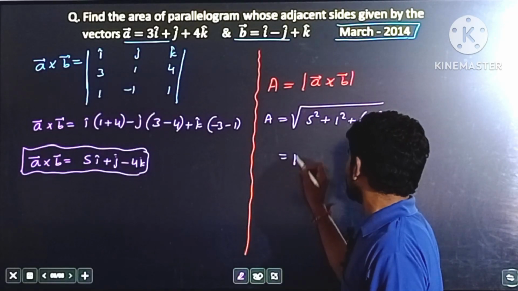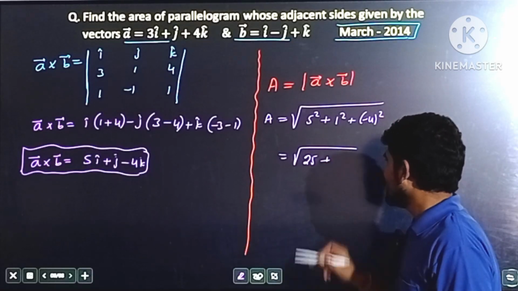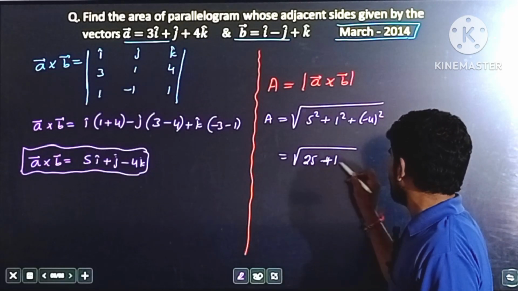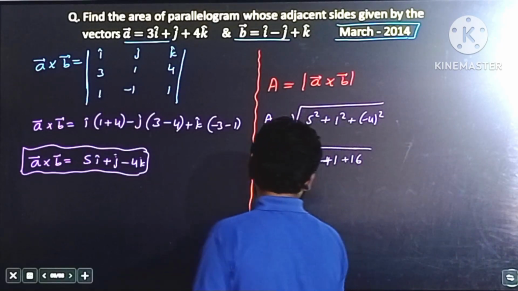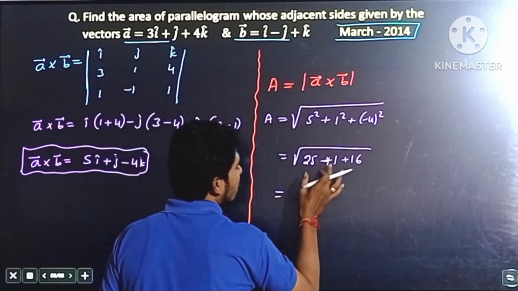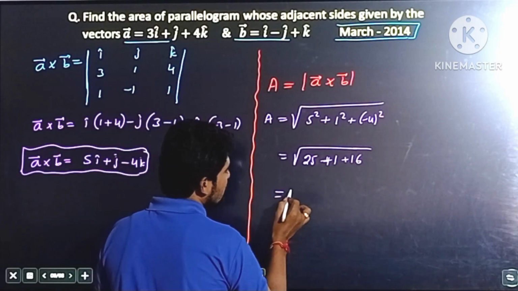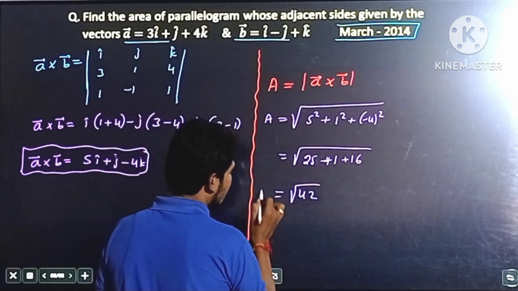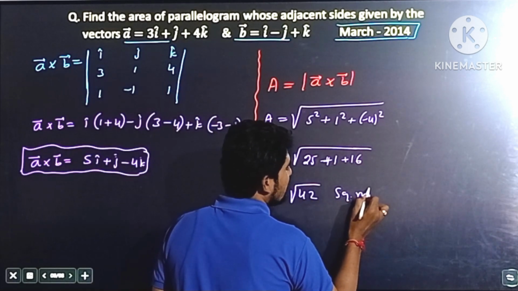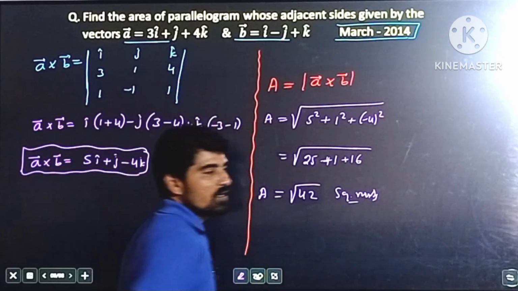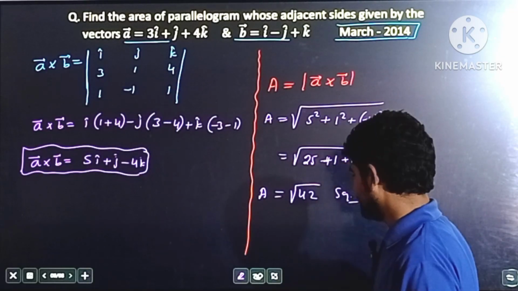So that equals the square root of 25 plus 1 plus 16, which is 25 plus 1 is 26, 26 plus 16 is 42. So square root of 42 is the required area of the given parallelogram. I hope all of you understood. Now let's start the next question.